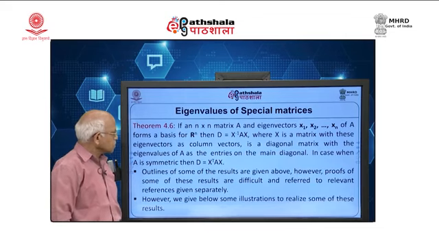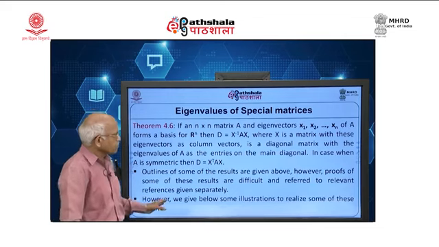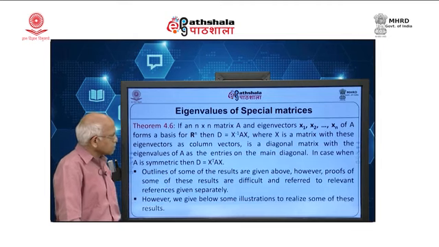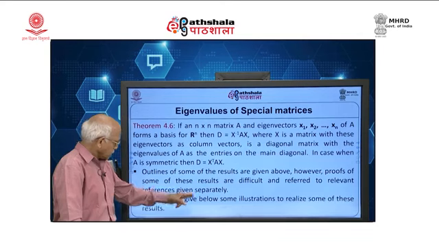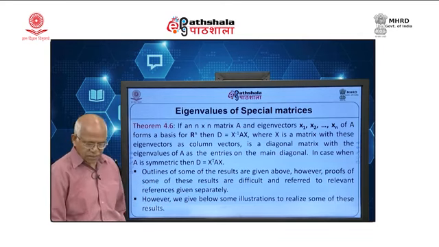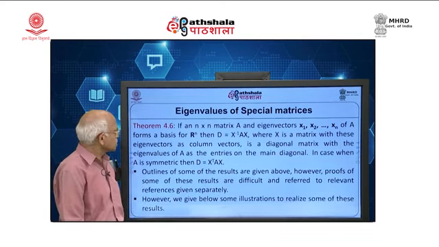So, an outline of some of these results is given above. However, proofs of some of these results are difficult, so refer to the relevant references. We can take an example which will illustrate some of these results.